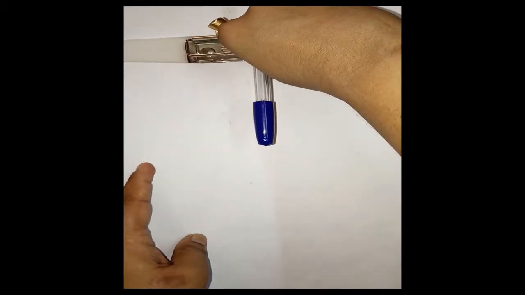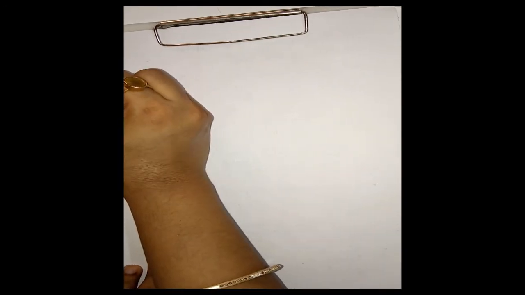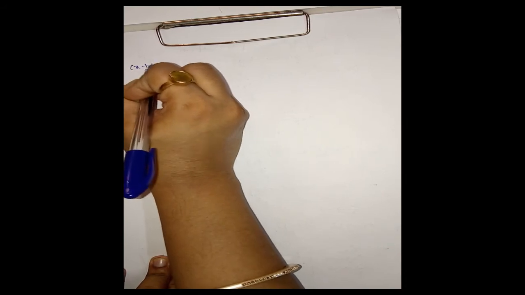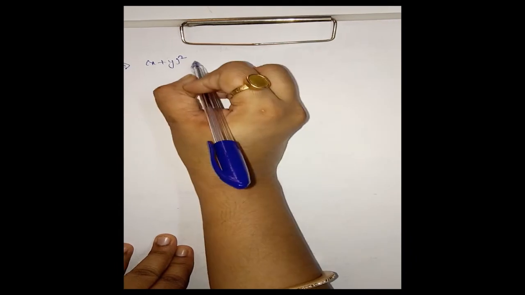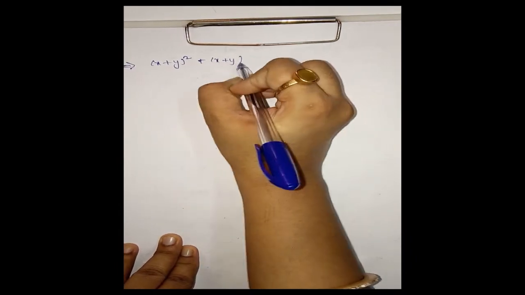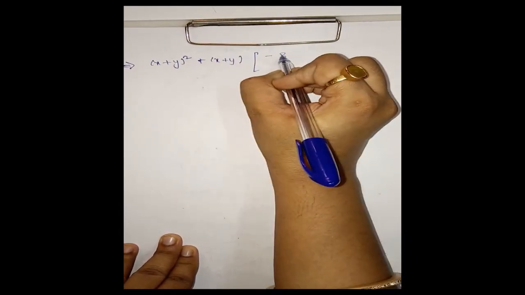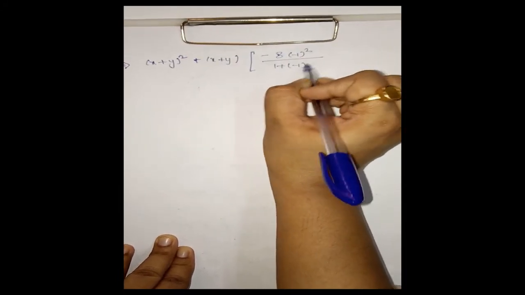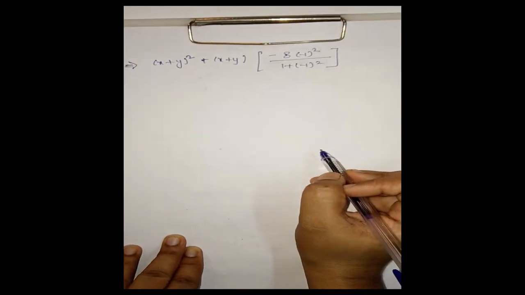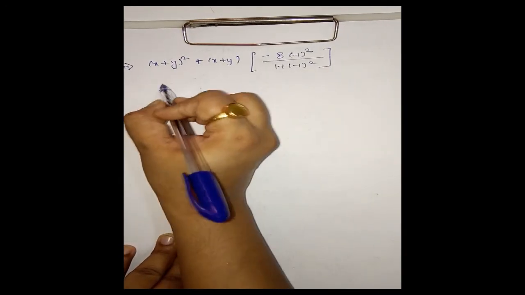On taking the limit, I get (x plus y) whole square plus (x plus y) times minus 8 (minus 1) whole square upon 1 plus (minus 1) whole square. 1 by x is 0 on taking limit x tends to infinity.